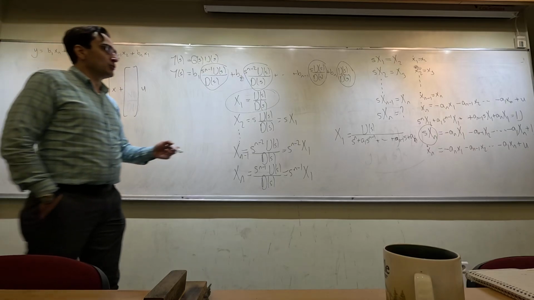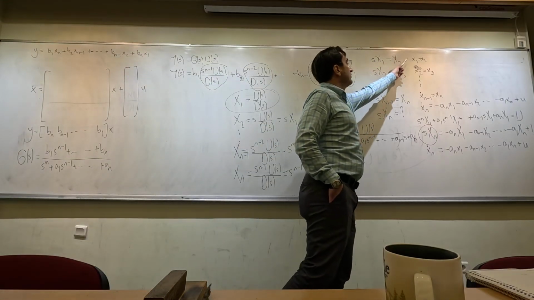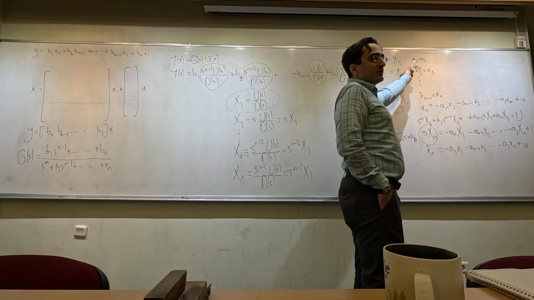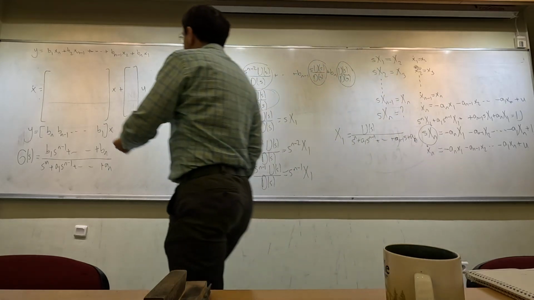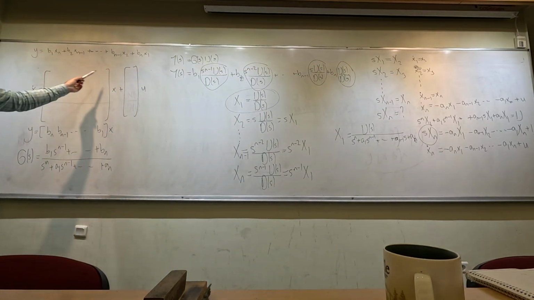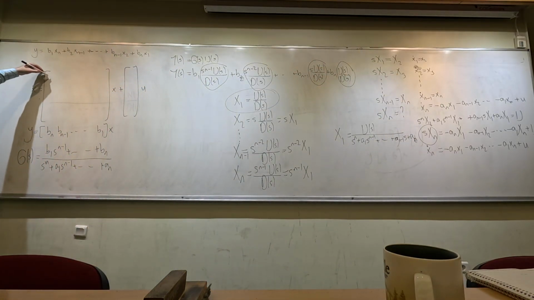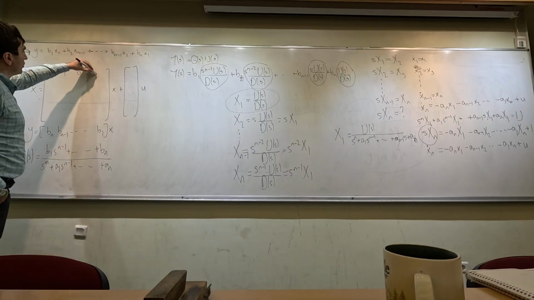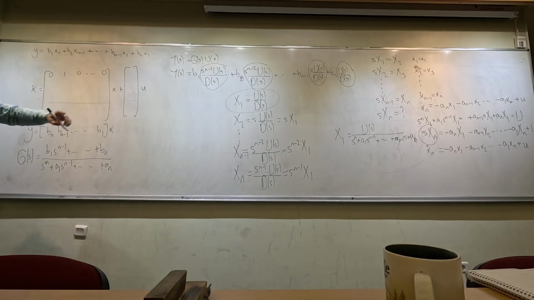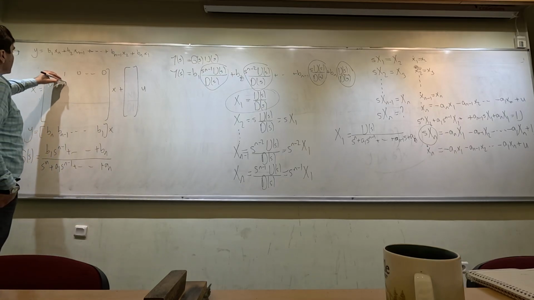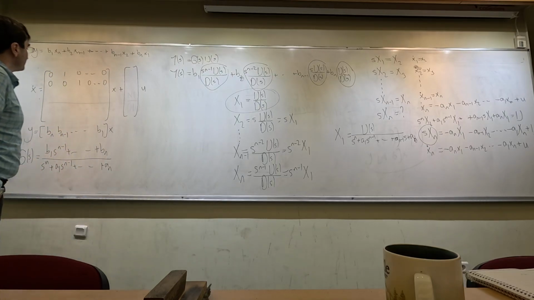In A matrix, I'm going to use these state equations here. x1 dot is equal to x2. That means that the first row should be what? 0, 1, and I will have all zeros here. The second row is going to be x2 dot is equal to x3, meaning that the second row is just going to be this.